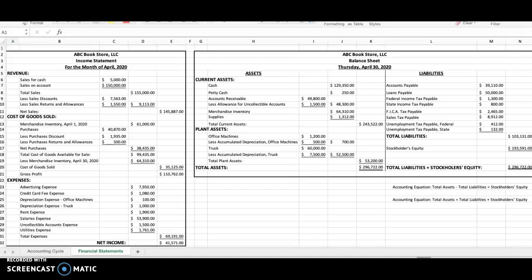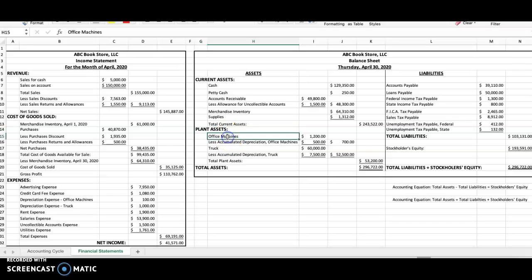A couple things here that you did not have on the early balance sheets way back last fall. Under assets on the left, we have current assets and we have plant assets. We talked about the difference a little earlier, I think, to some extent. Basically, plant assets are the large ticket items, the expensive items that we own that will wear out over time.